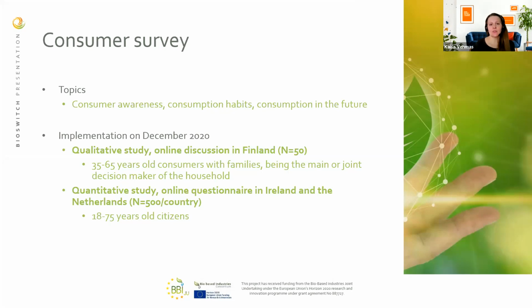This is the reason why I need to present these results a bit differently for the qualitative and quantitative studies in my presentation. However, I'm going to cover consumer awareness results and also consumption habits towards these bio-based products.